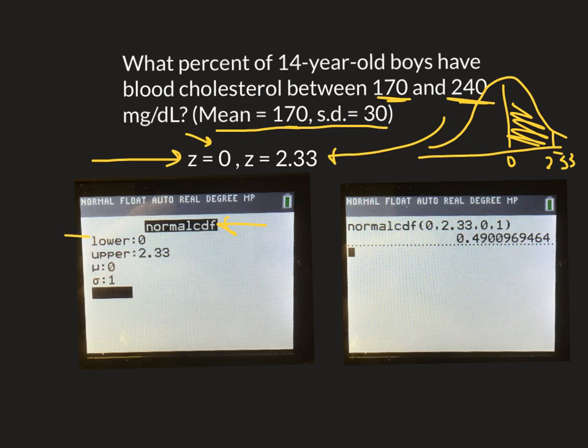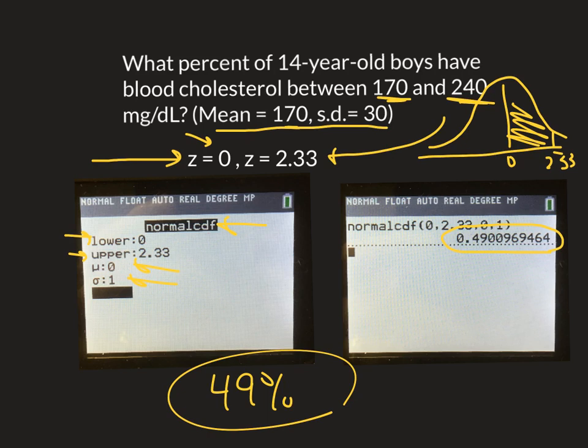A lower and upper, my lower is 0, my upper is 2.33. Look what it says my mean and standard deviation are. Then you hit paste and you get 0.4900969464.